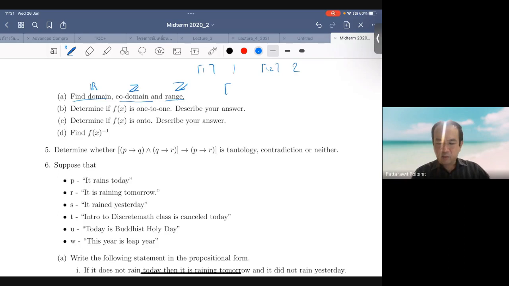You can have the ceiling of minus 4.4. The ceiling of minus 4.4 is minus 4, yes. It's the smallest integer that is still bigger than minus 4.4. So this one, the range is the integer numbers.